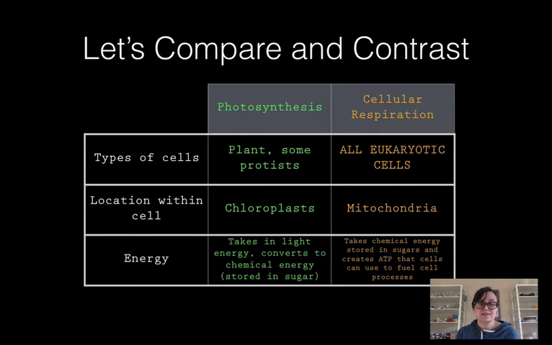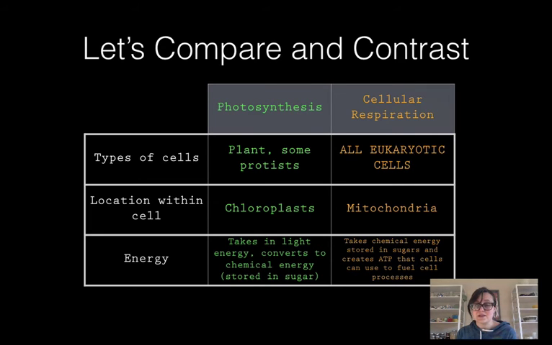These two processes seem to be closely linked. Let's officially compare and contrast them. So photosynthesis only occurs in plant cells and some protist cells. It only occurs in cells that have chloroplasts, whereas cellular respiration occurs in all eukaryotic cells. Every single eukaryotic cell has cell processes and needs energy to be released.